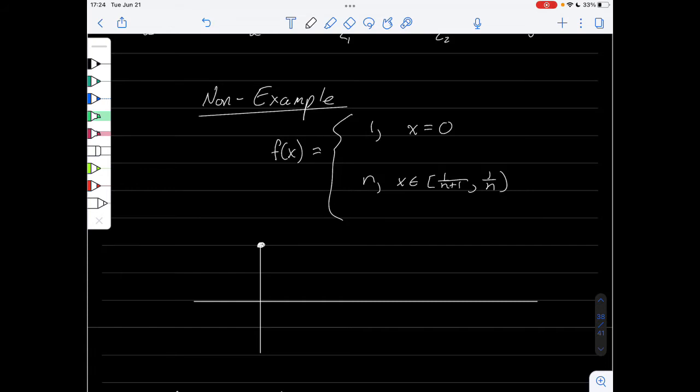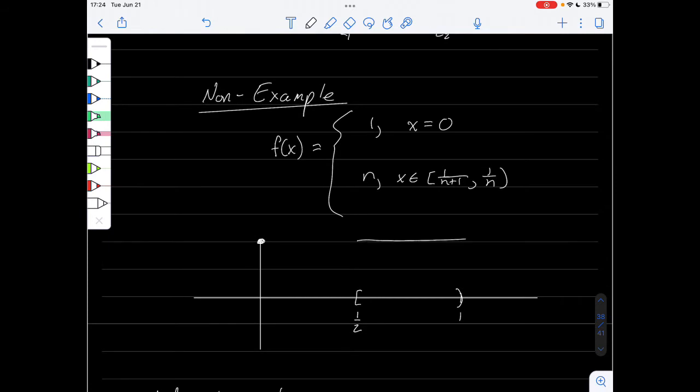So if n is equal to 1, then x is between 1/2 and 1. So 1/2 and 1, and that's a 1 right there.